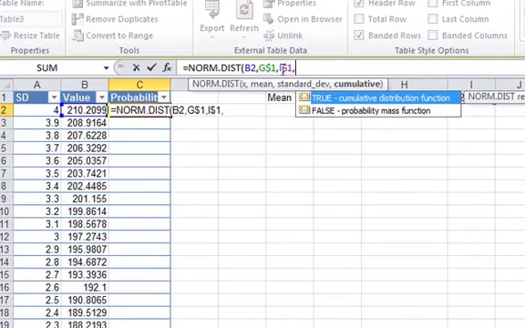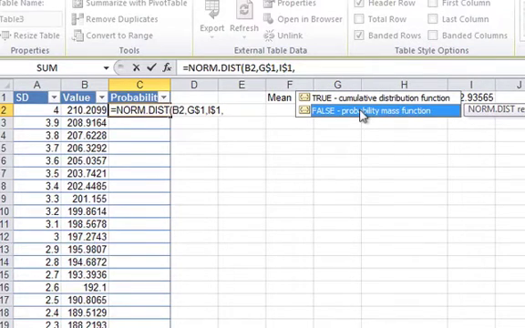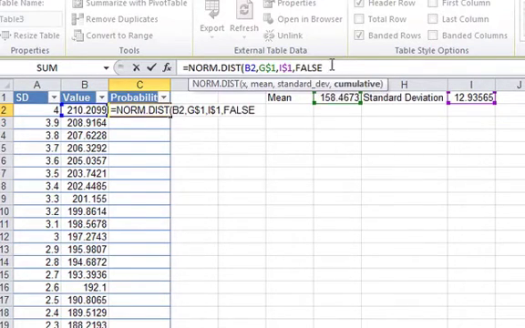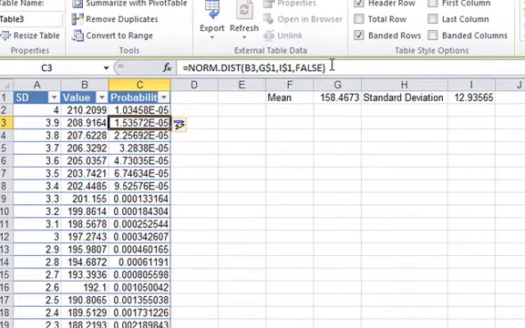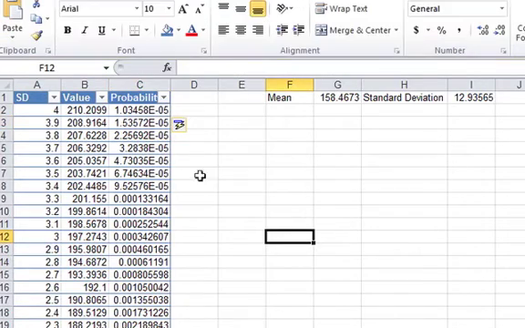For cumulative, I'm going to put in false because I want to know what each value is. And close the bracket. Now it fills in, and the probability of being 4 standard deviations above the mean is 1.03 times 10 to the negative 5, so a very low probability.